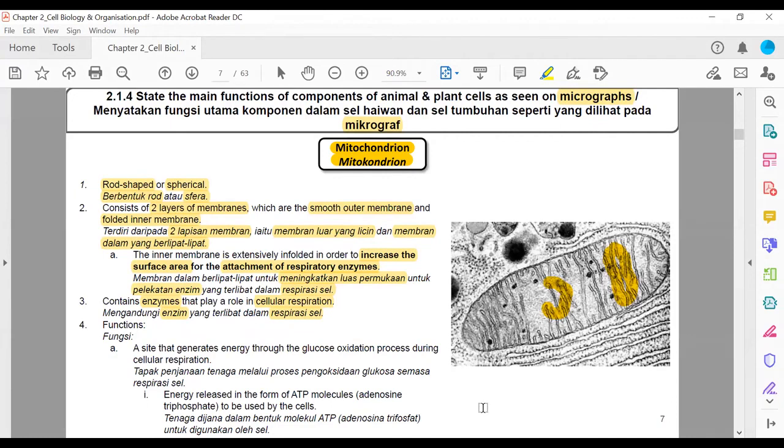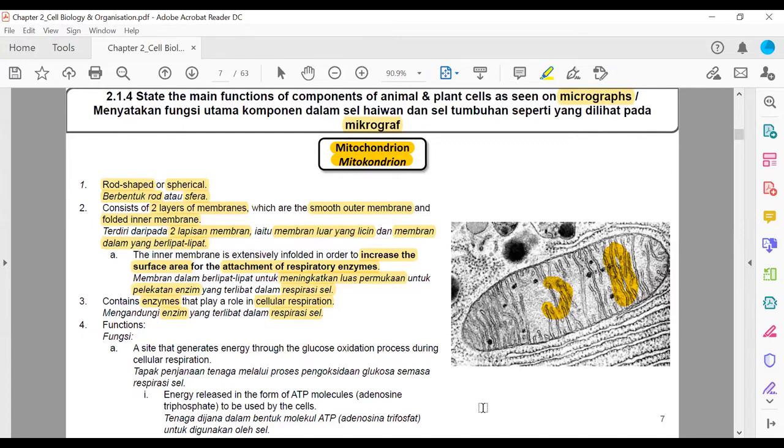Apa maksud cellular respiration? Satu proses di mana a process where the cell generates energy. Satu proses di mana sel menghasilkan tenaga. So proses di mana sel menghasilkan tenaga dipanggil sebagai cellular respiration atau respirasi sel. The name of the process where the cell generates energy.